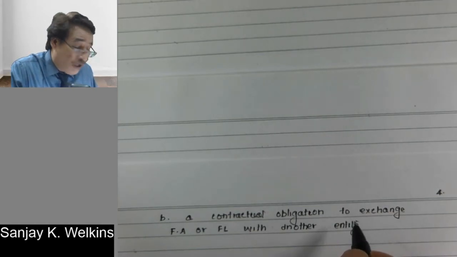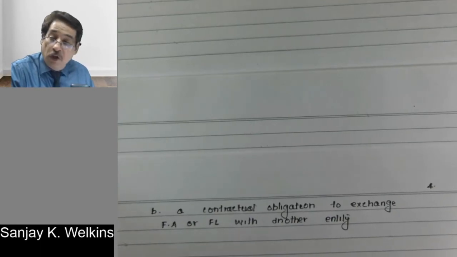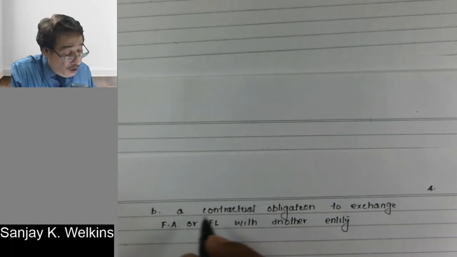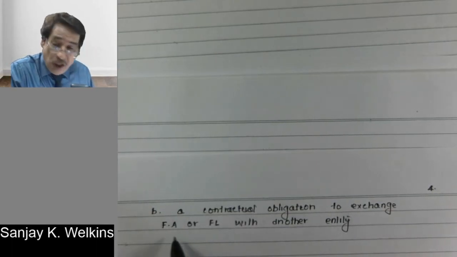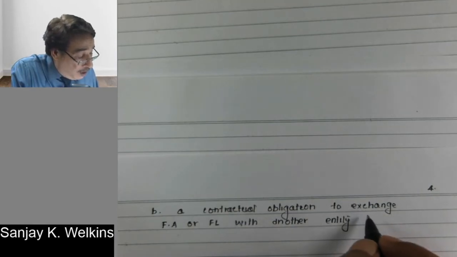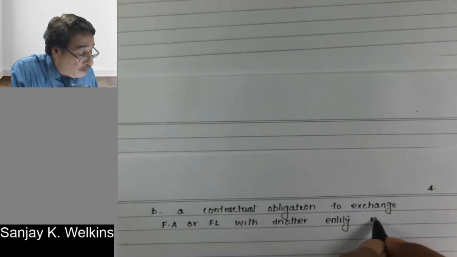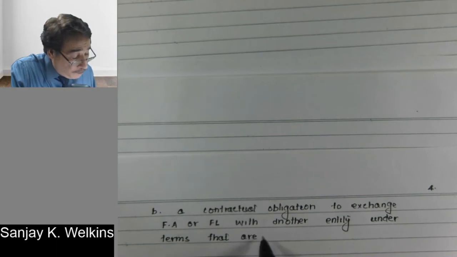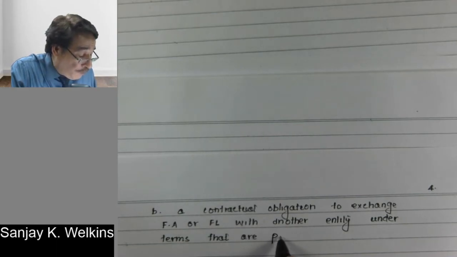It is similar to financial asset, but over there we wrote under potentially favorable conditions. Here we will write the opposite: a contractual obligation to exchange financial asset or financial liability with another entity under terms that are potentially unfavorable.